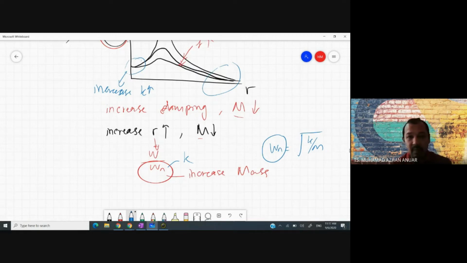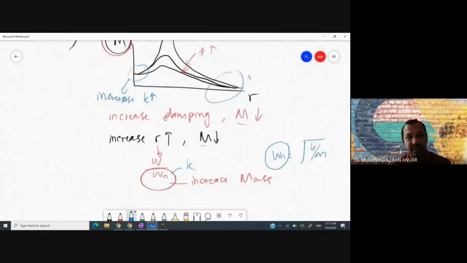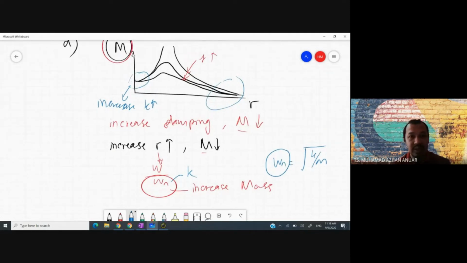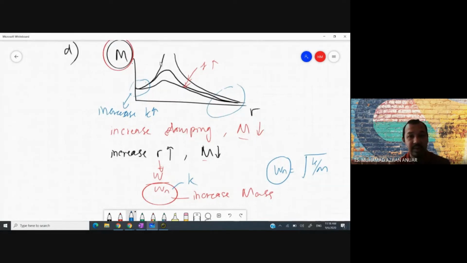But be careful, when you increase the K value here, you also increase the K over here. So it's similar: either you increase the mass, which gives you lower magnification factor, or you increase the K value, you get close to static deflection, where the magnification factor is close to 1. For example, like the earlier case, you have the magnification factor at this region, but when you increase the K, it will move to this region.